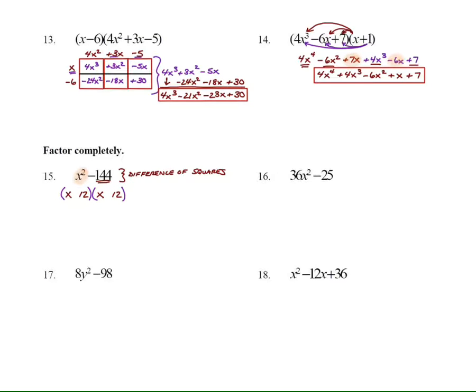But the particular way that it factors is one of the factors should have a plus between them, one should have a minus. And the reason why it factors that way is, if you remember on the previous page when we were talking about multiplying two binomials together, we saw that x plus 12, x minus 12, if I were to multiply them out, the middle term would actually cancel out, leaving me with just x squared and negative 144.